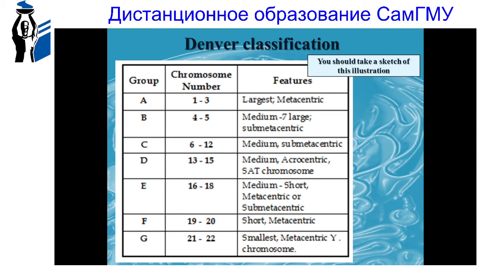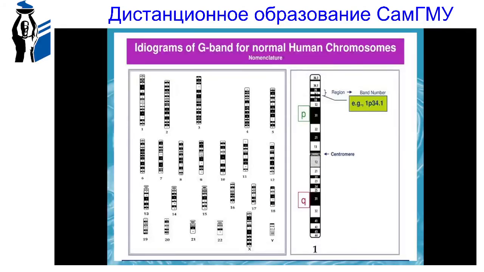And group G, chromosomes 21st and 22nd, include small acrocentric chromosomes. The sex X chromosome in length and centromeric index, the ratio between the length of the short and long arms of the chromosome, is close to the chromosomes of group C, and the Y chromosome in size and morphology with normal staining is close to the chromosomes of group G.